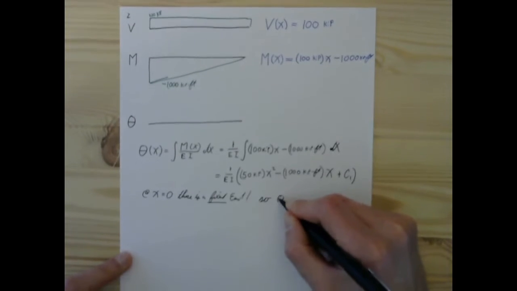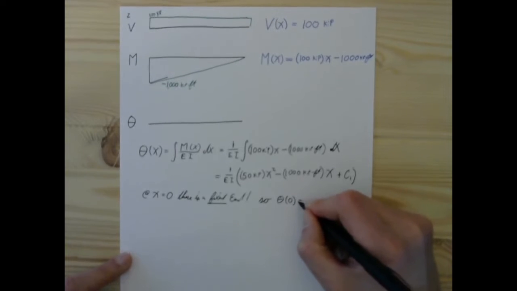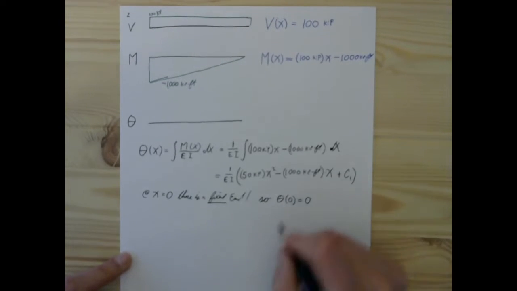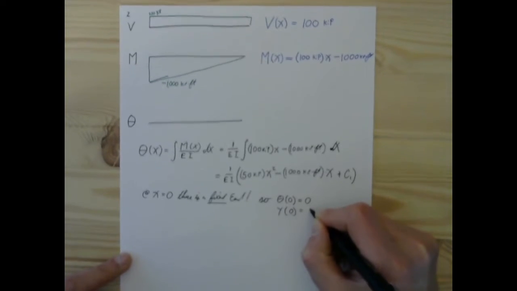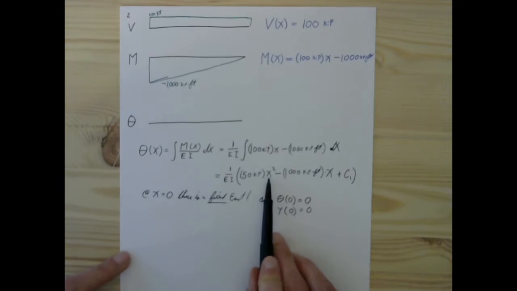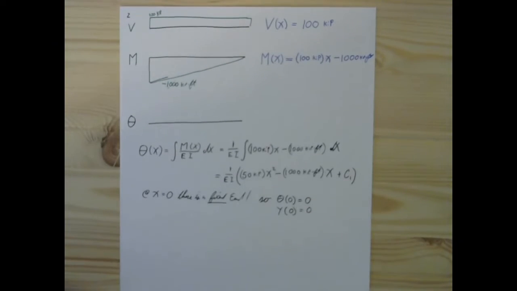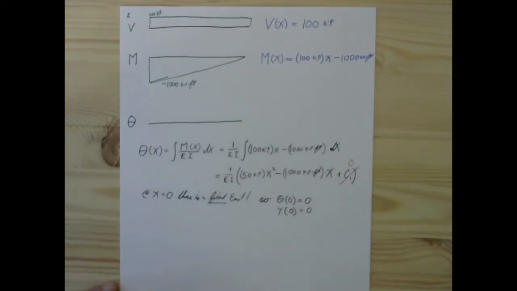So the rotation at x is 0 has to equal 0. So does the deformation on account of that fixed end. So, given that we've already got an x for every other term, we can go ahead and determine that C1 is 0.